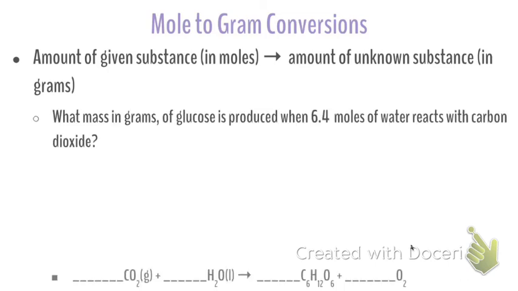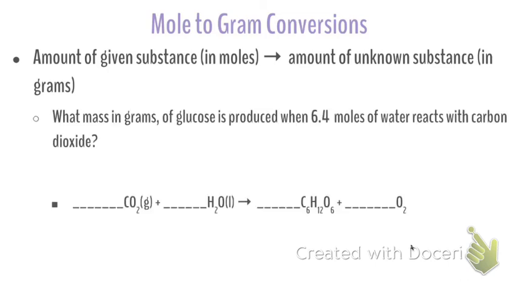So, let's see here. Here's our chemical reaction. It says, what mass in grams of glucose is produced when 6.4 moles of water reacts with carbon dioxide? This one's a little more difficult to just predict, right? You're probably going to have to do the math on this one, but we have to start with balancing.